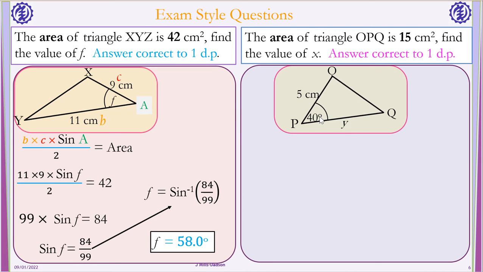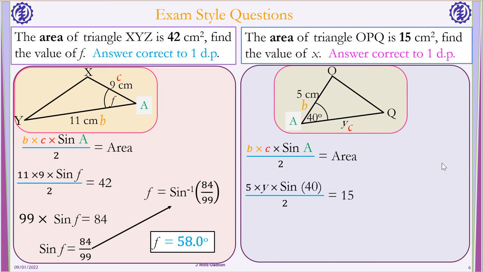The same structure. Label your angle A. Label the other two sides B and C. Put it into the formula. We know B is 5, C is y, sine A becomes sine 40, all over 2, and the area is 15.